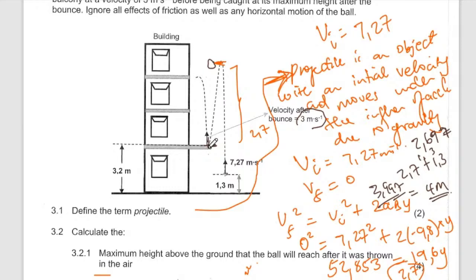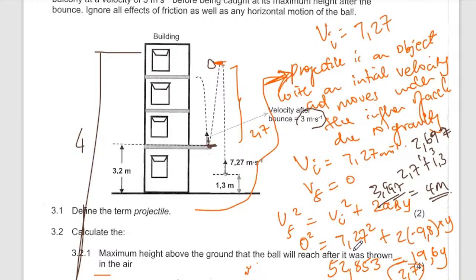But I can get the distance. Since I know from the maximum height down to the bottom is 4 meters, I can subtract the 3.2. So the distance I have will be my displacement.